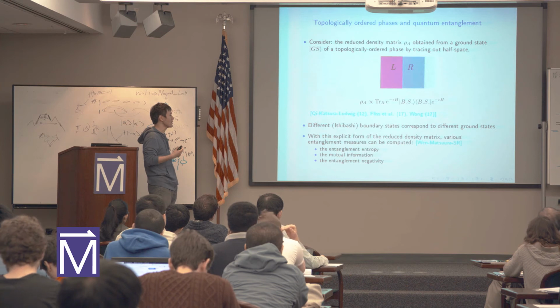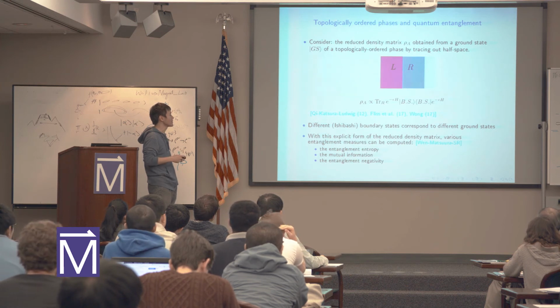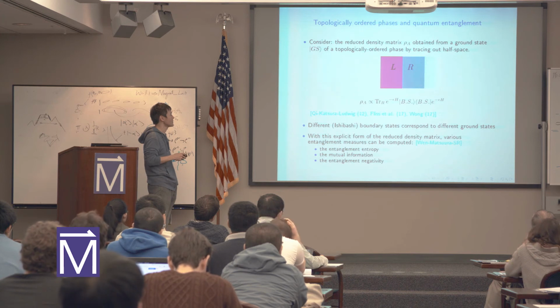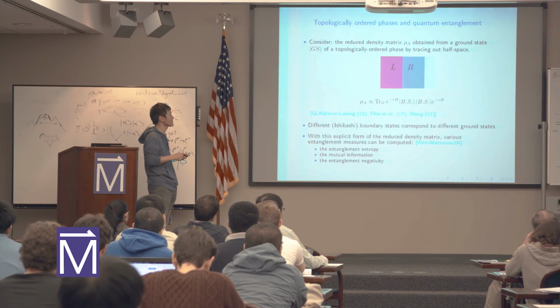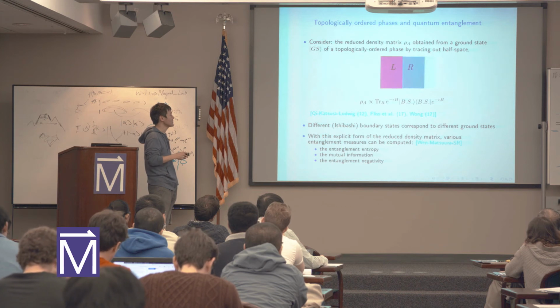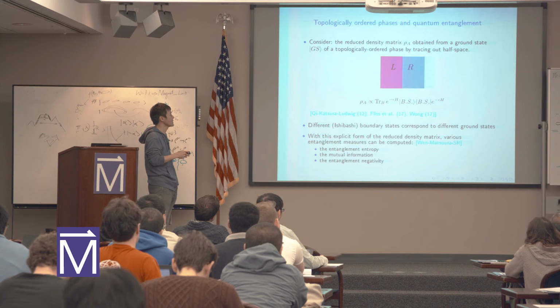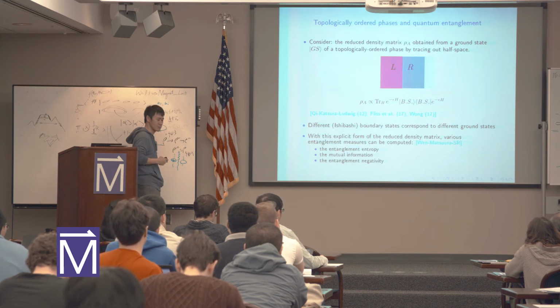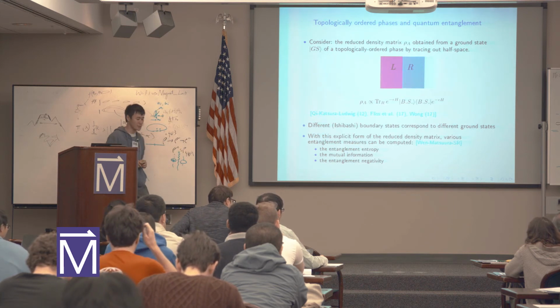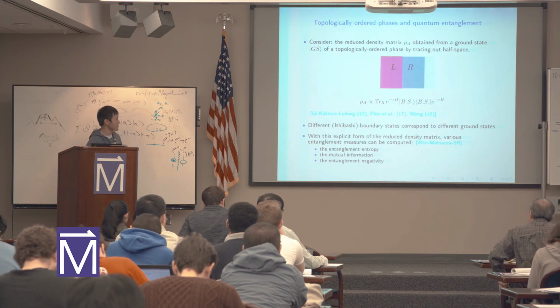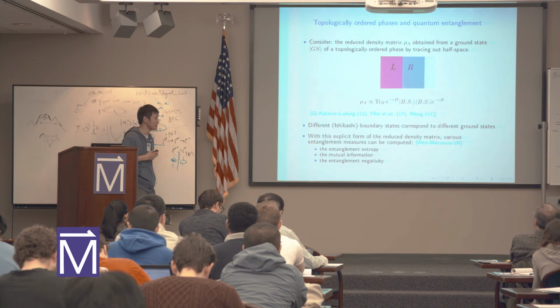First of all, as it turns out, we can write down an expression of the reduced density matrix. So maybe this should be rho sub L. Sorry, I trace out region R. So we are interested in the reduced density matrix for this subregion L. Before computing entropies or other quantities, we have to basically get this reduced density matrix.